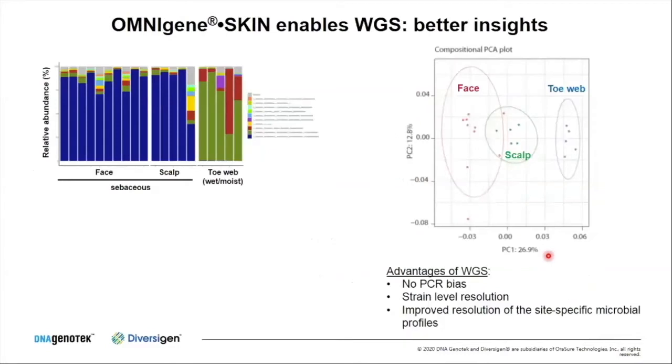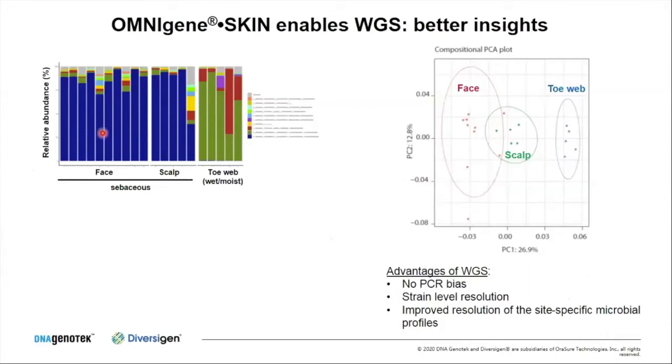With our optimized processing workflow, we were able to achieve pretty high yields for select skin sites, mostly face, scalp, and toe web. So we decided to do whole genome sequencing on a subset of those samples. I'm showing you in that graph the taxonomic profile and the relative abundance. As you can see, the data is quite similar to what we saw with 16S amplification.